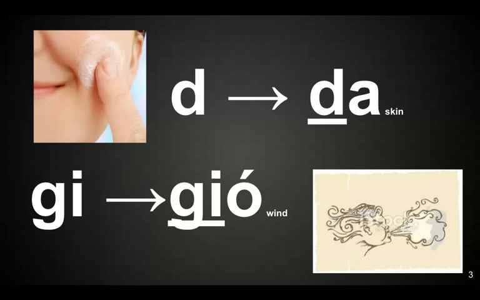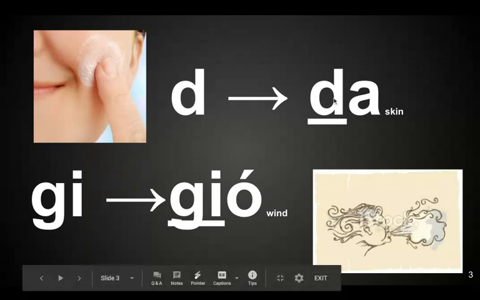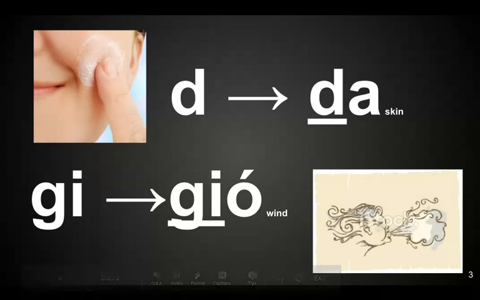So in the south of Vietnam, these two sounds are the same. They say yeah for both sounds. In the north, they tend to say z, the z sound, for both sounds.